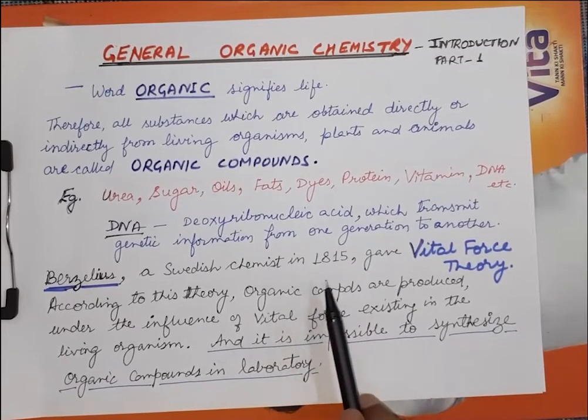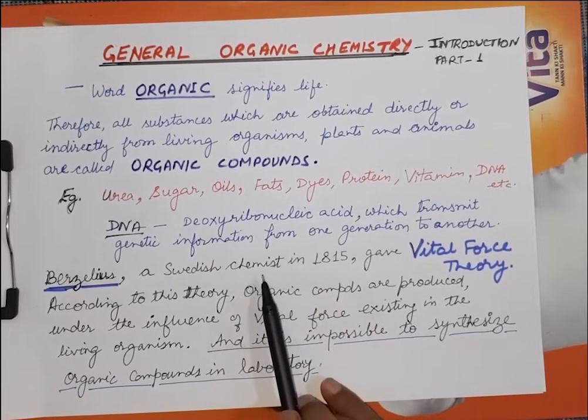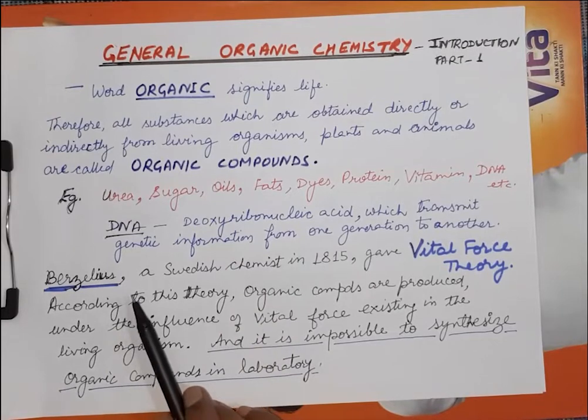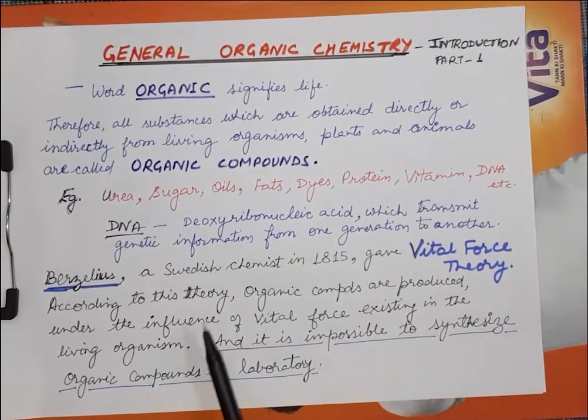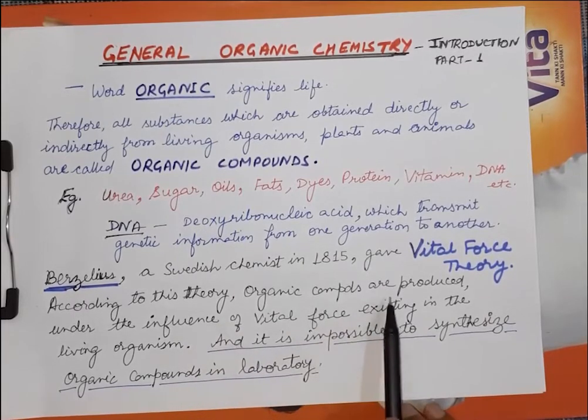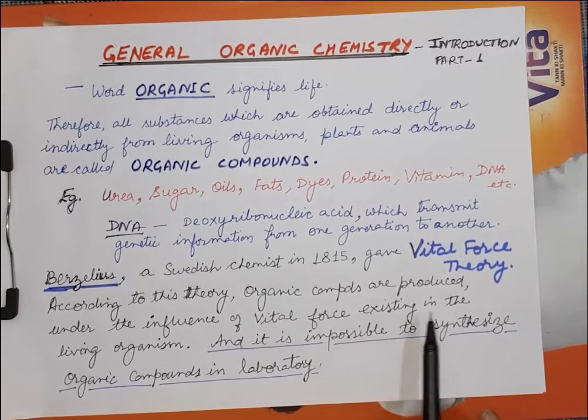In 1815, there was a chemist named Berzelius. He gave the vital force theory, and according to this theory, organic compounds are produced under the influence of vital force existing in the living organism.